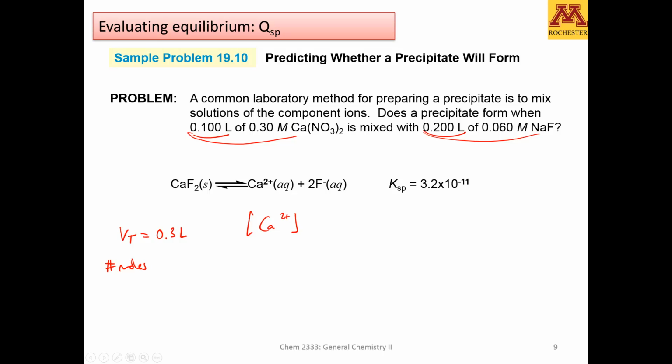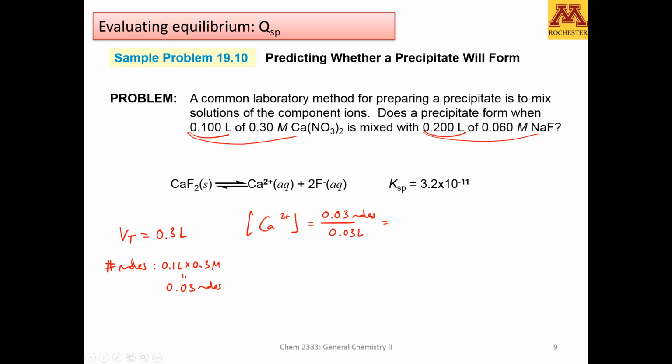The ratio would be 1 to 1. So I have 0.1 liter times 0.3 molar. This will be 0.03 moles. So the concentration will be 0.03 moles divided by 0.3 liters.